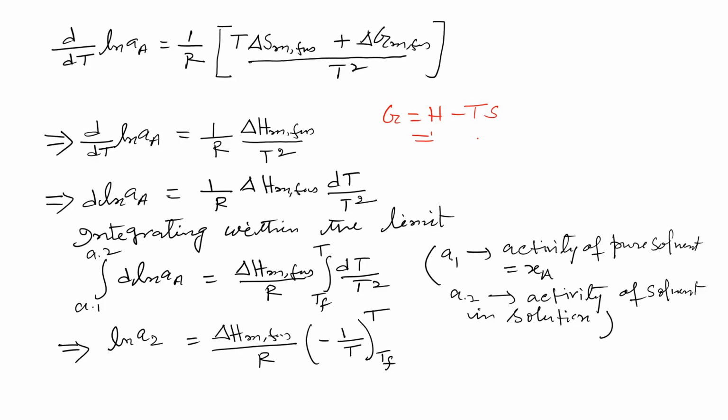So therefore what can I write? H is equal to G plus TS. So delta G plus T delta S, that will be equal to delta H. So here it is the same thing.